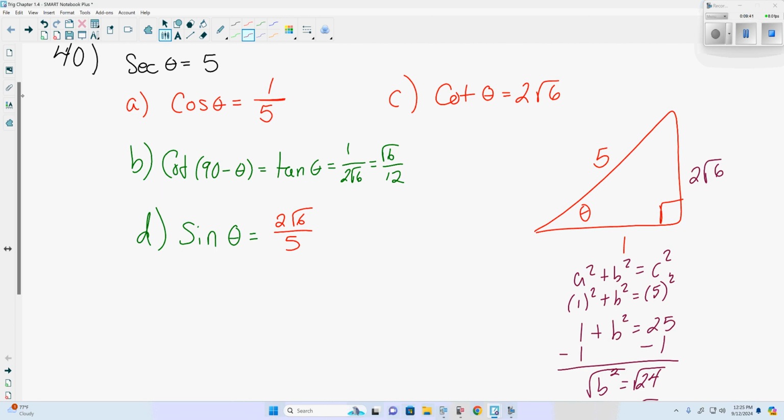Tangent is opposite over adjacent, which would give us 2 square root of 6 over 1, not. All right, that's odd. They should agree, because cotangent... That doesn't agree. We did get the right answers. It's just that those two should be... because cotangent would be adjacent over opposite.